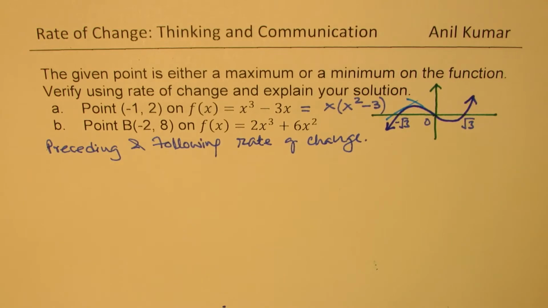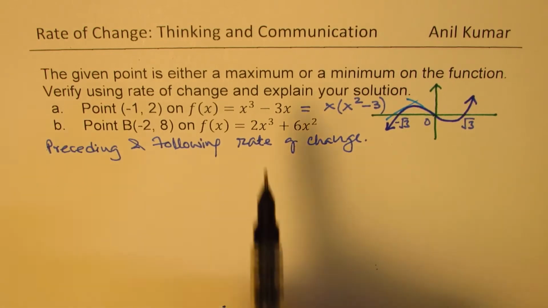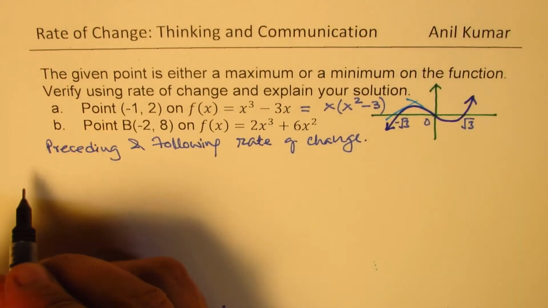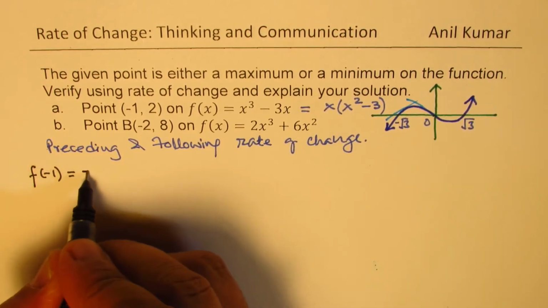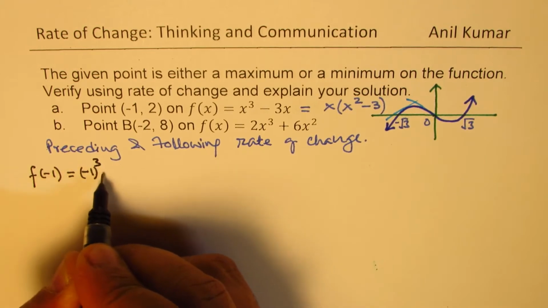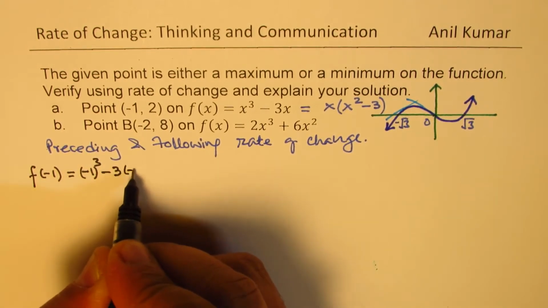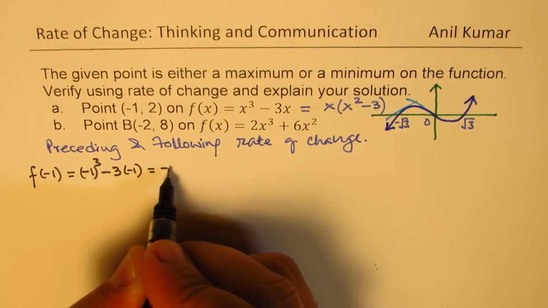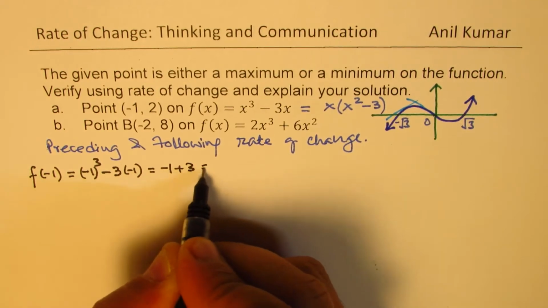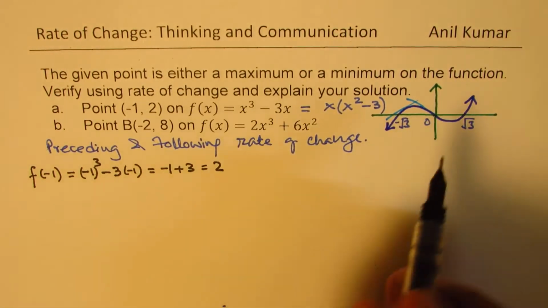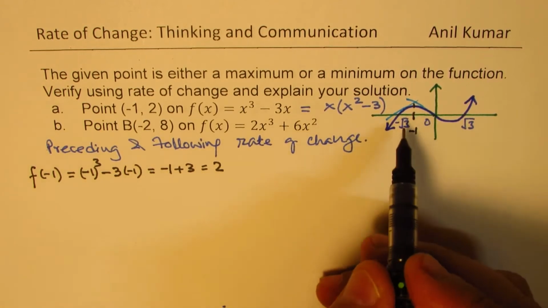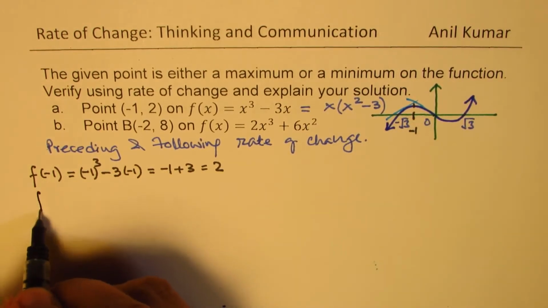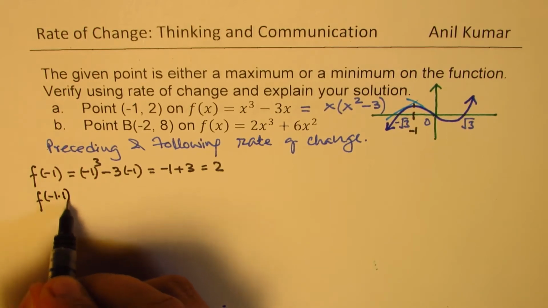Okay. So what we will do here is, since we are interested in minus 1, let's calculate the value of the function at minus 1. So if I substitute here minus 1 cubed minus 3 times minus 1, I get minus 1 plus 3, which is equal to 2. Now a point on the left side of minus 1 will be minus 1.1, correct?